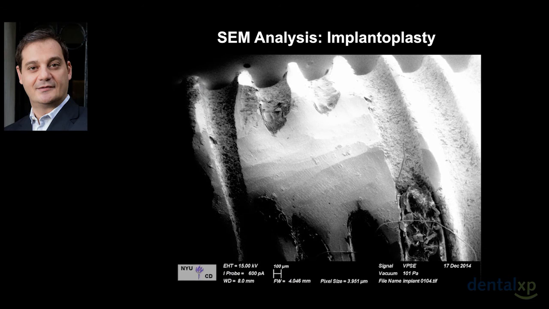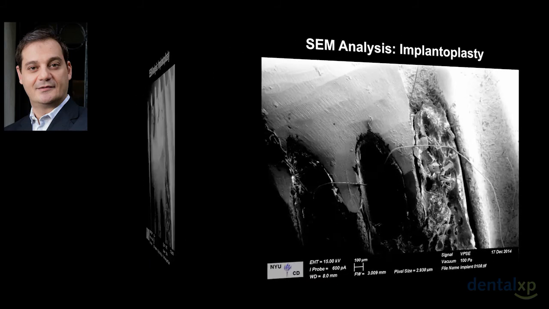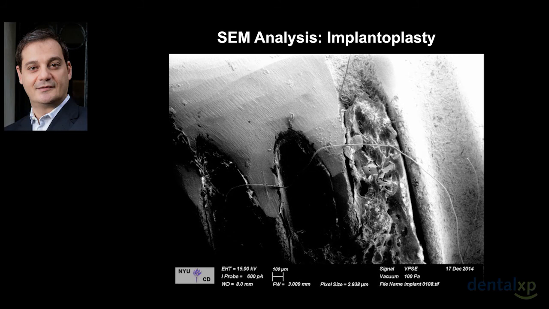Here it shows where we did a little bit of the polishing of the surface close to a biofilm, and you can see the difference between a clean surface and the one with the biofilm. And here, on a higher magnification, demarcating the two different zones, one that is cleaned up and polished by implantoplasty, and one where the biofilm is still intact.